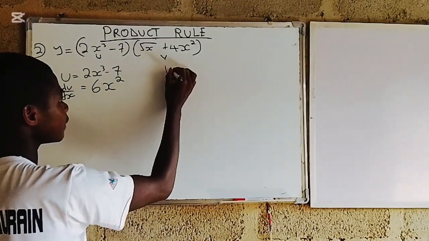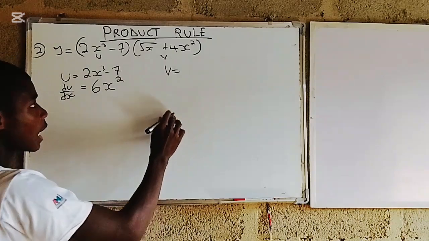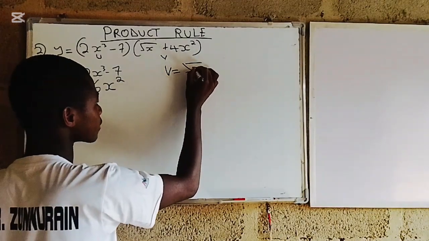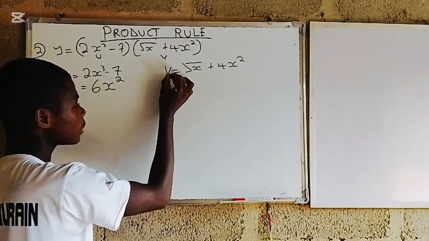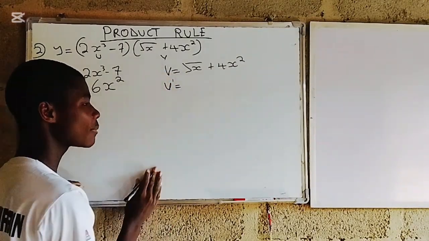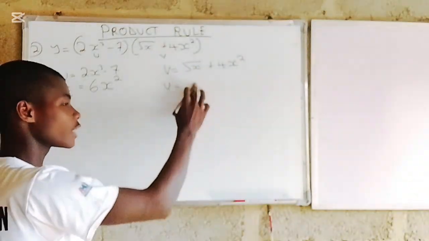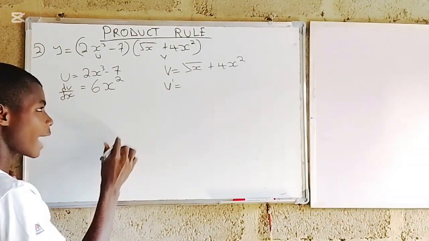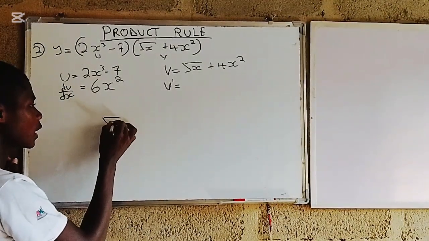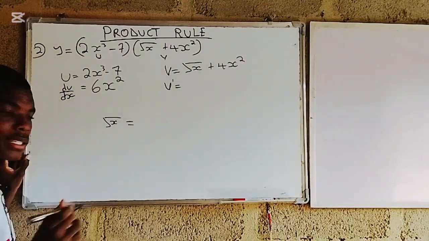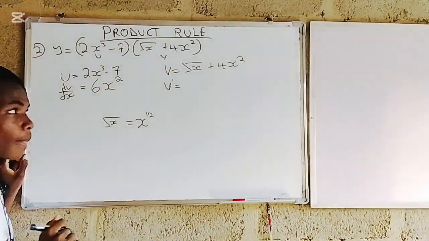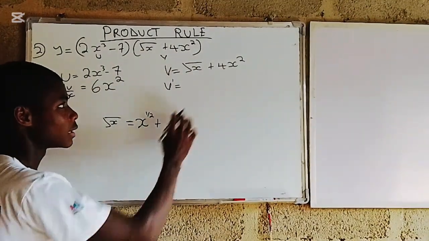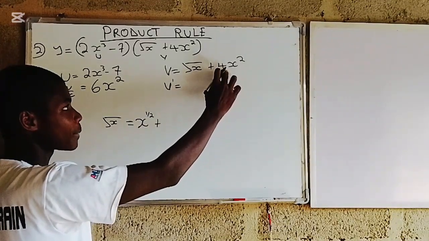So I have to say v is the same thing as root of x plus 4x squared. And what will be v prime? V prime is the same thing as, I have to differentiate the value of root of x. Root of x is the same thing as x to the power of a half. So I have to say plus what?